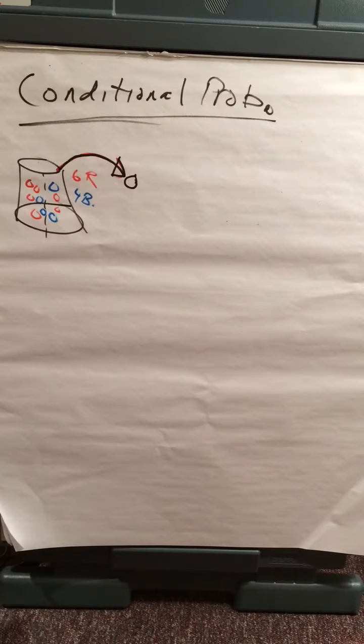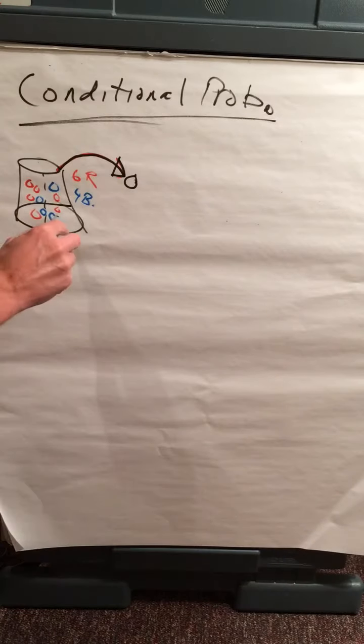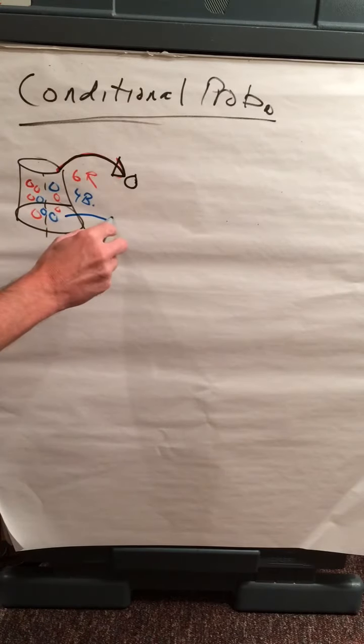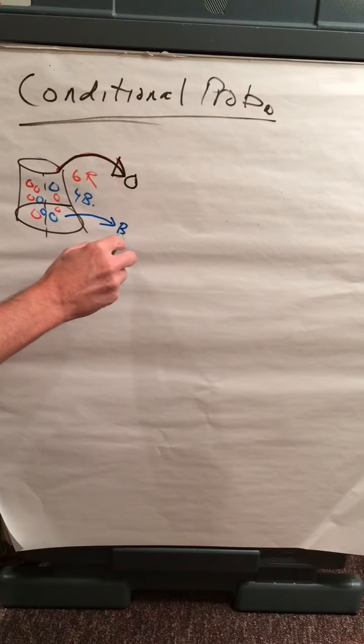Now the second ball, you choose the second ball. You pull out a second ball at random, and it turns out that that ball is blue.